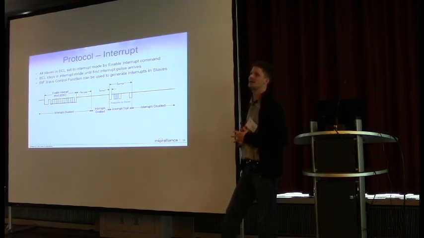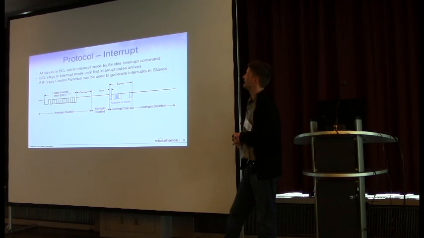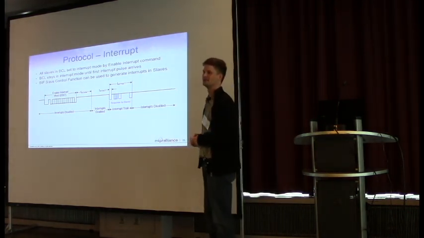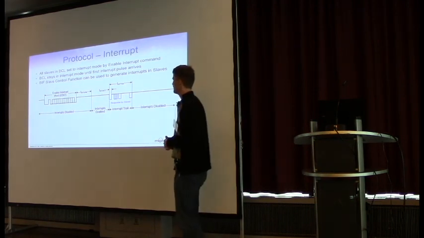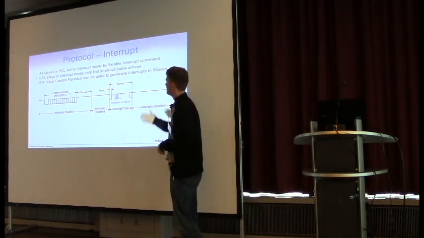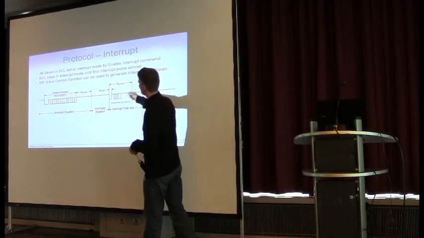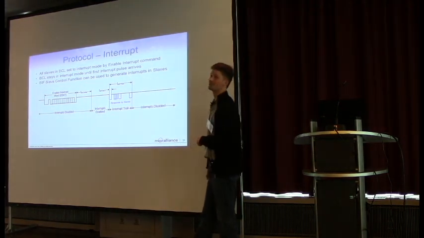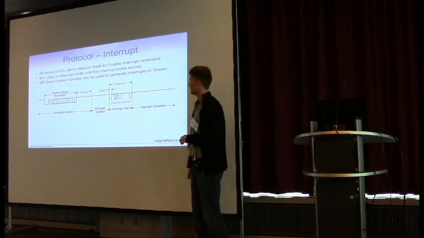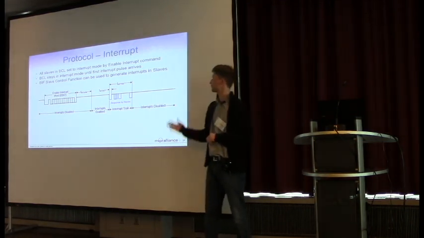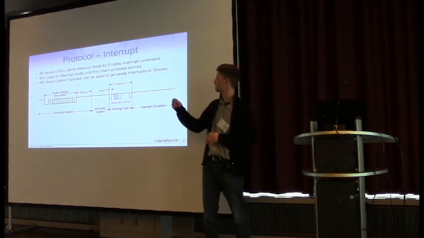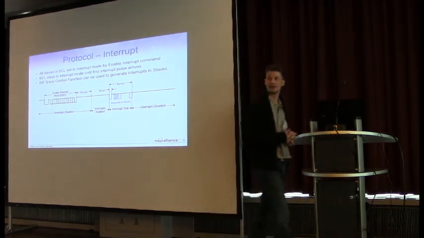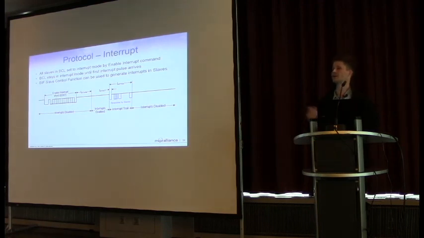So it can stay in interrupt mode for days if there's no other traffic, if you like. And we have this big slave control function that can be used to generate interrupts. For example, the temperature function can use the slave control function to generate those periodically or on some thresholds.